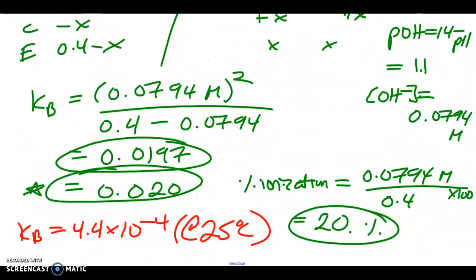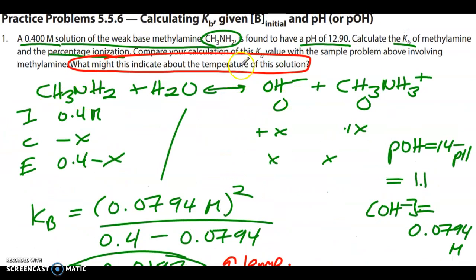So this solution has a higher Kb. I would assume the solution we're dealing with in this problem would have a higher temperature because it's pushing towards a higher value of product. Now, can we say that concretely? We don't really know if this is endothermic or exothermic. However, in general, when you're dealing with ionization, the higher the temperature is, the more energy you're giving the reactants with their collisions.